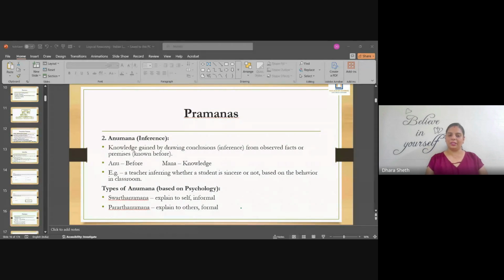That is anuman. For example, a teacher inferring whether a student is sincere or not based on their behavior in the classroom. Because you know that the sincere students sit on the first bench, they take notes and they listen to you with rapt attention and they ask questions politely whenever they are in doubt. Whereas the insincere students sit on the last bench, they create a lot of hullabaloo in the class.